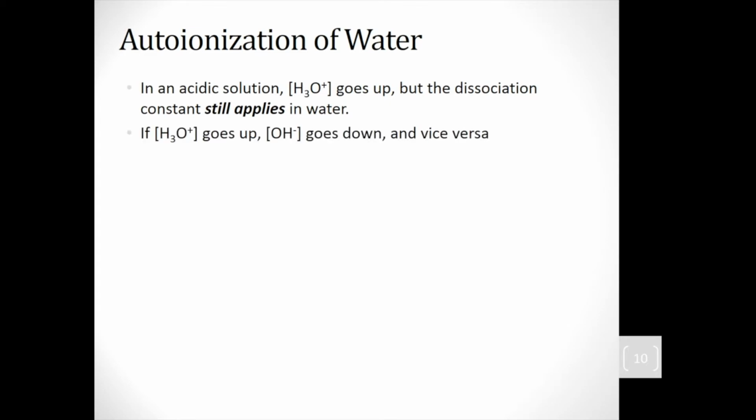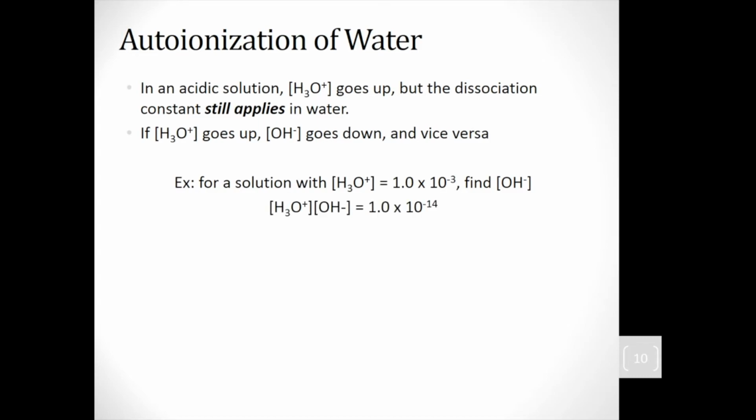Or if we knew the OH minus, we could find the H3O plus, as long as we know that it's in water and that it's officially technically at 25 degrees. So because of how that expression works, Kw was a constant and it was equal to H3O plus times OH minus. They're inversely related to each other, right? If the H3O plus goes up, the OH minus concentration goes down and vice versa.